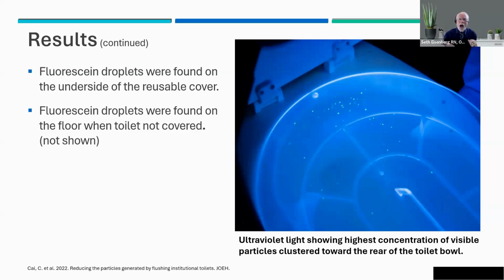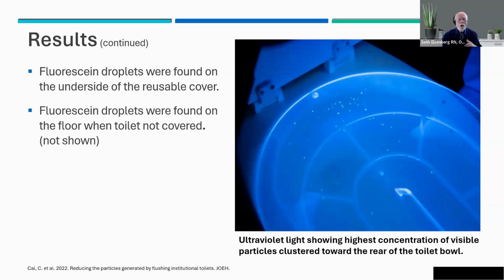This is a picture of the underside, the toilet side, of fluorescein droplets under ultraviolet light, showing what's stuck to the bottom of that reusable cover. These are the visible droplets that would come out of the toilet had the cover not been here.